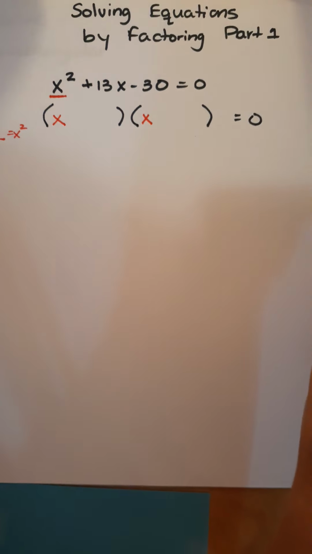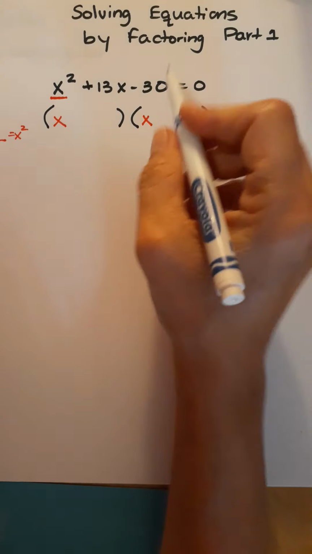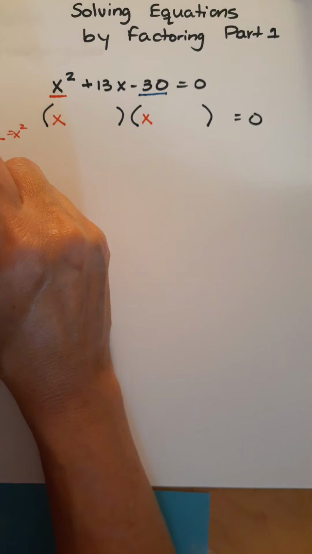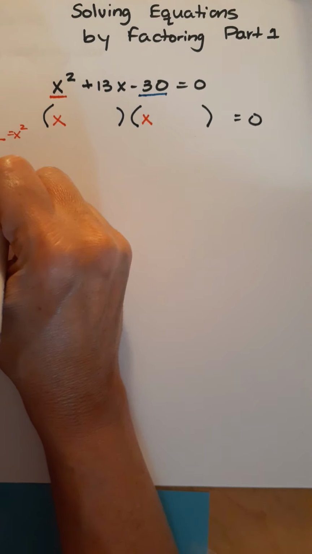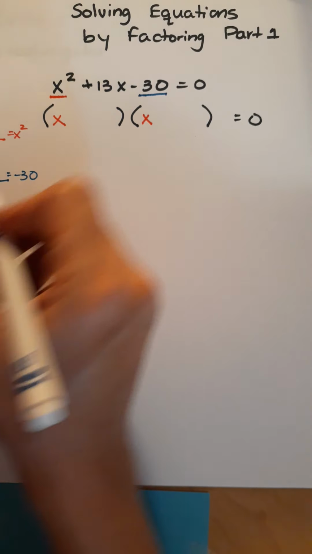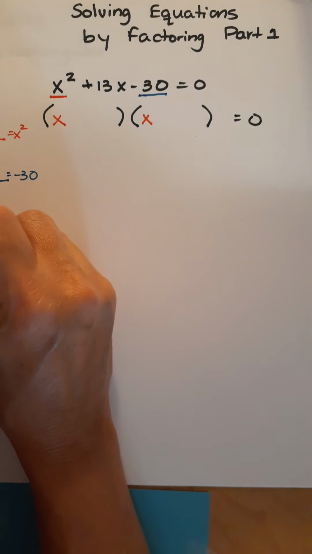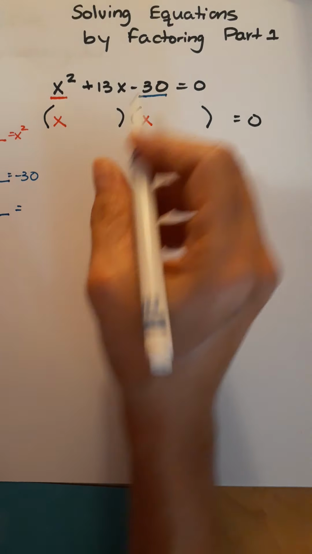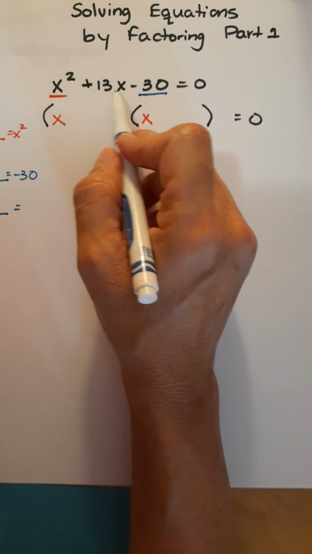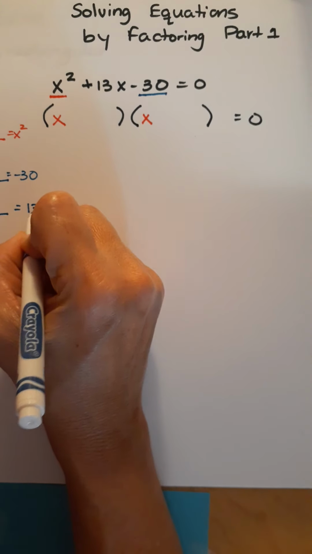So the next thing we're going to do is look at the last term in our trinomial, negative 30. And we have to think not just what two numbers are going to equal negative 30, but when you add them up, they should also give us the coefficient of the middle term, which is 13.